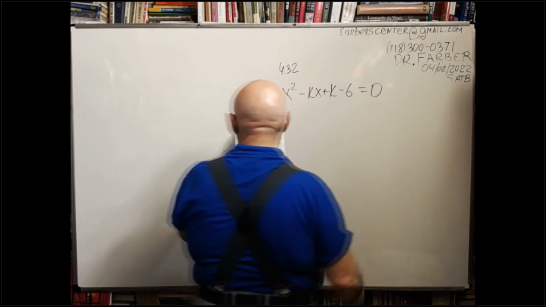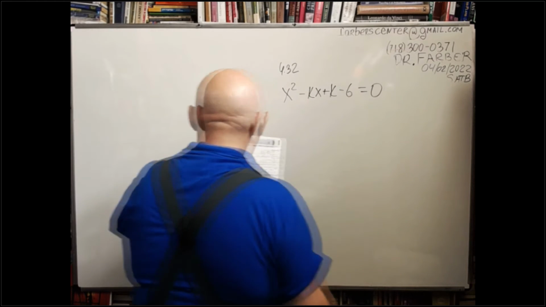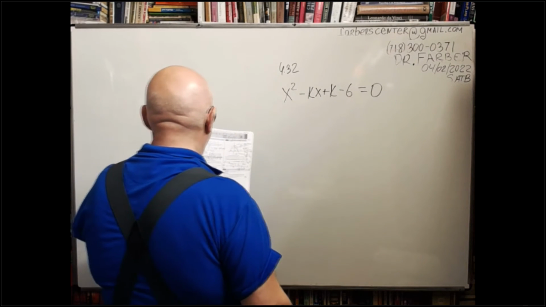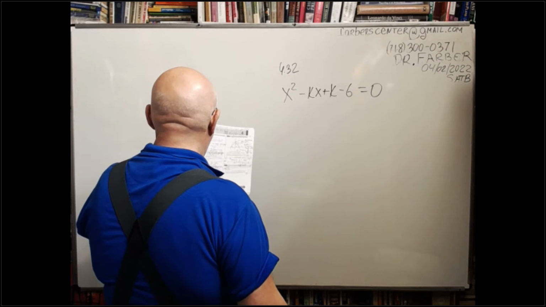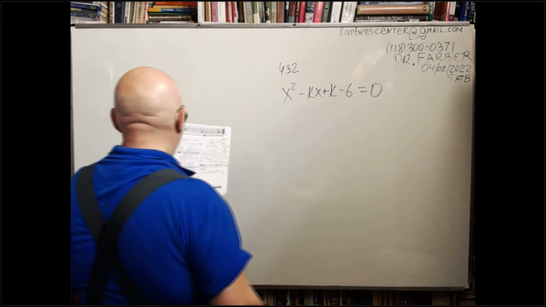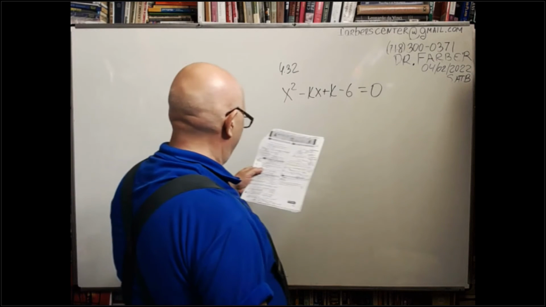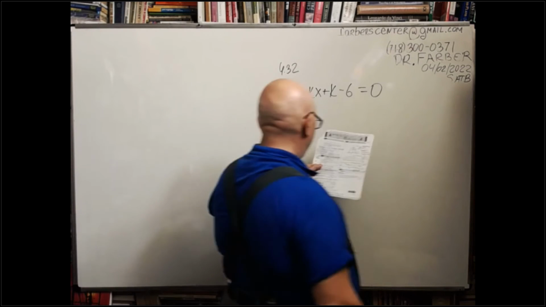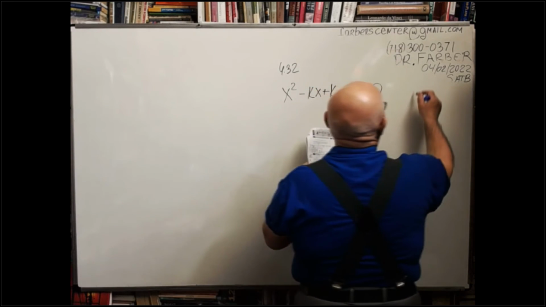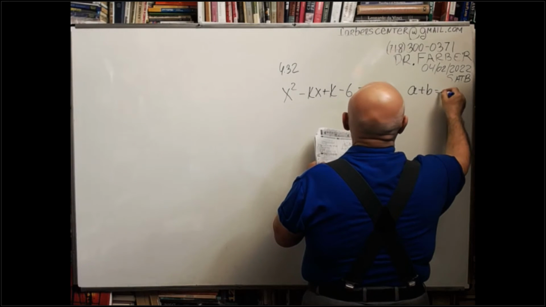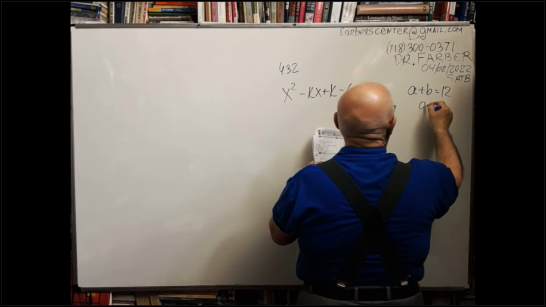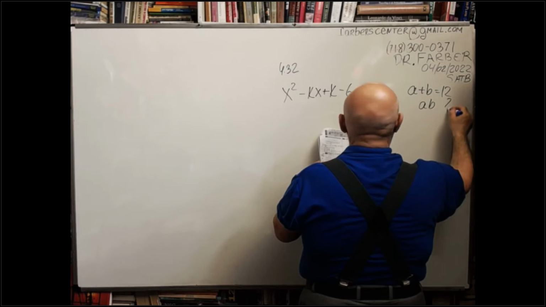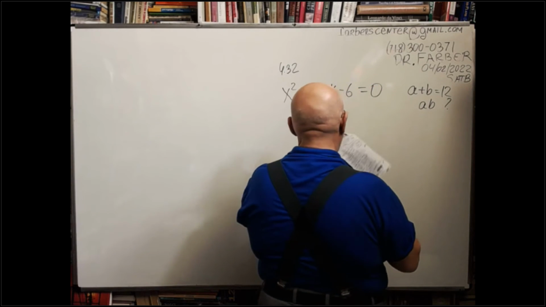Did I write correctly? x squared minus kx plus k minus 6 equals 0. k is a constant, a and b are solutions. a plus b equals 12. What is ab? We did something similar today, students.